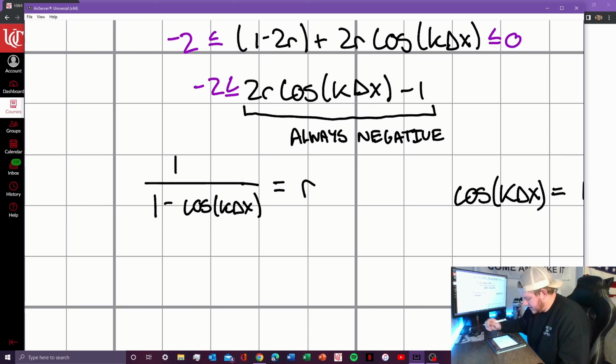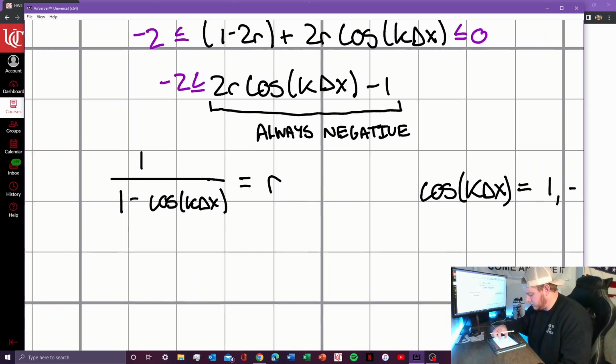So we can simplify that down to 1 over 1 minus cosine k delta x, squared, is equal to r.